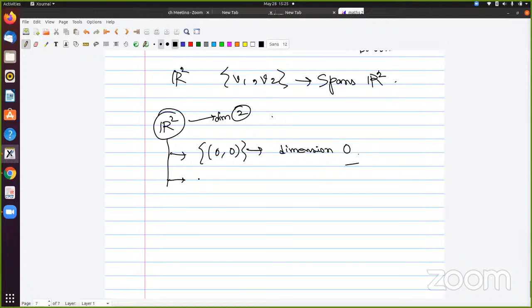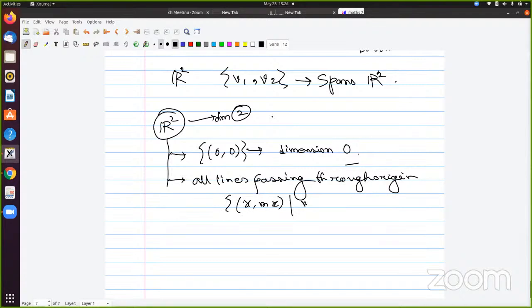The next thing is all lines passing through the origin. That is another type of subspace. Any line which is passing through the origin will be of the form y equals mx, right? What is the dimension of this type of space? 1, because the only free variable is x.